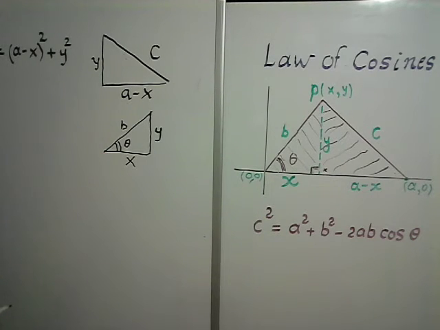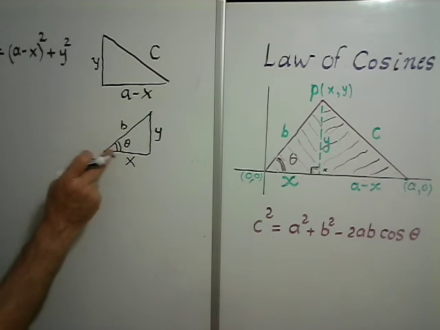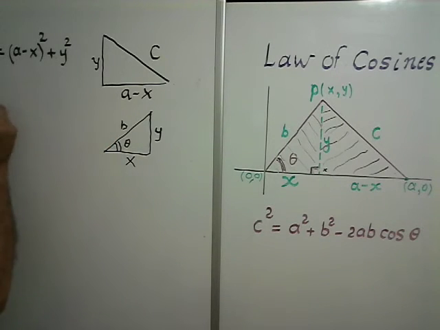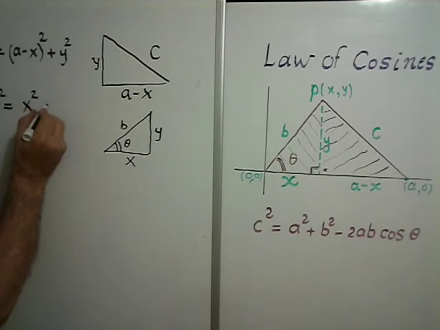Okay, so if we apply Pythagorean theorem here, we can say b squared is equal x squared plus y squared.